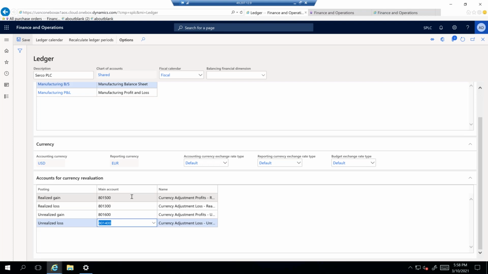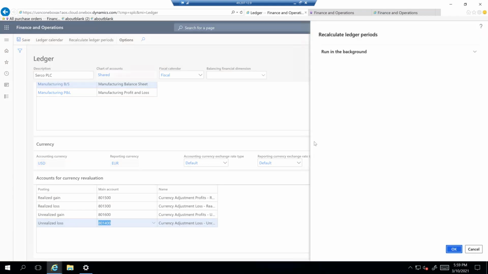In the old system the client may not have had a foreign currency revaluation process, so they may not have created these ledger accounts, so you need to propose these ledger accounts. Fine. Okay, and remember, recalculate ledger periods should be executed at least once in the very first, not regularly.